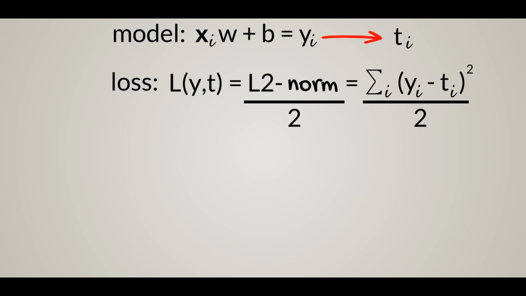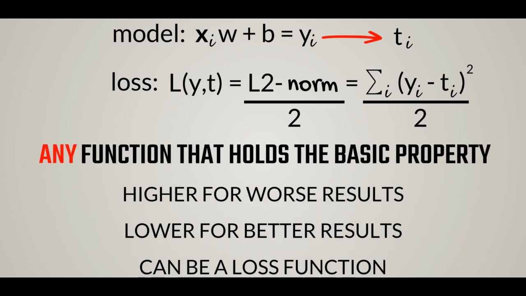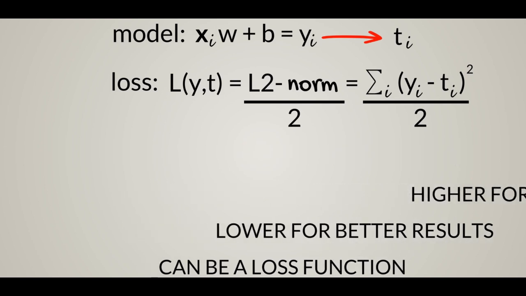A division by the constant of 2 does not change the nature of the loss function, as it is still lower for better predictions. The machine learning algorithm will not be affected. We emphasized this in the objective function lecture. Every function holding the general property to be lower for higher accuracy is a loss function. Division by some constant changes nothing.